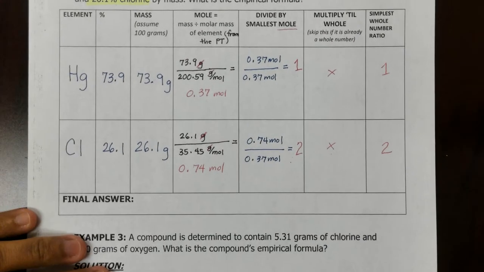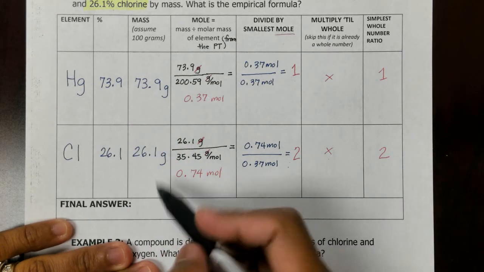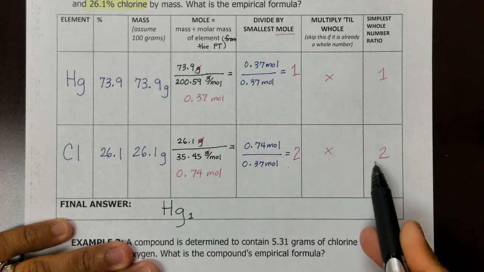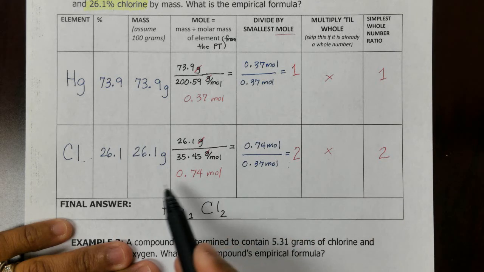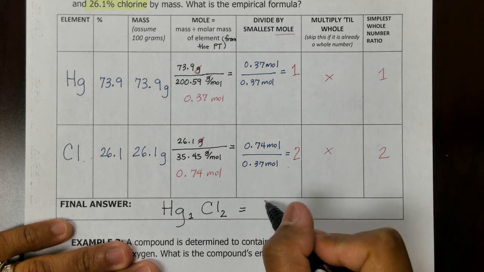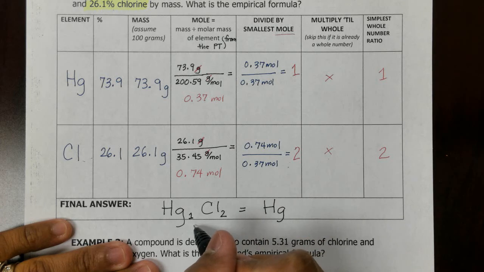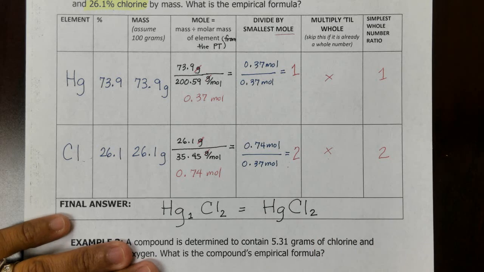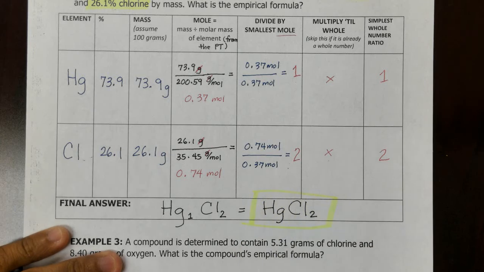It means that we have 1 Hg, so we write that as Hg1, and there are 2 chlorines, so Cl2. So to put this all together, our final answer for the empirical formula is just Hg, no need to write the 1 because it's a 1, that's our rule, and then Cl2.